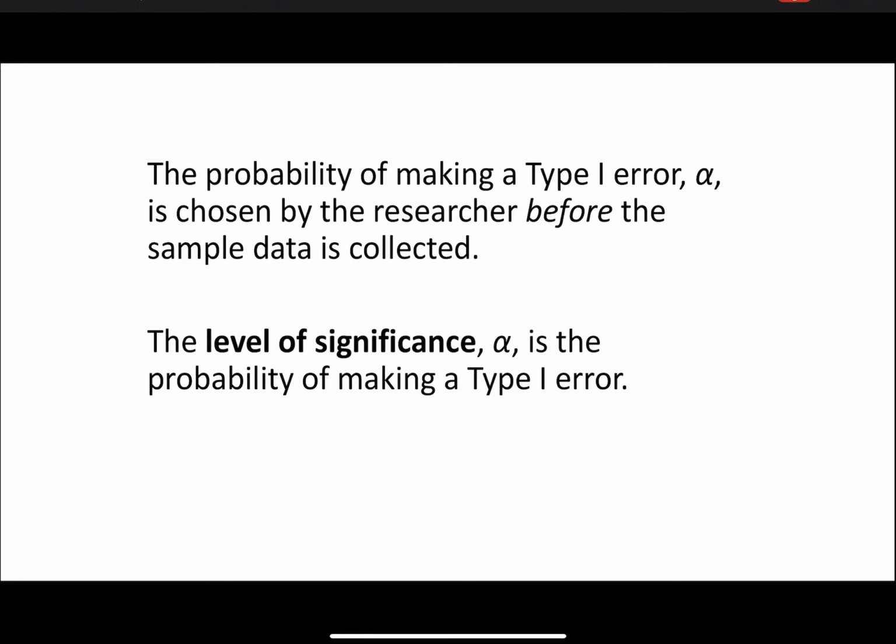So let's move on. The probability of making a type 1 error, alpha, is chosen by the researcher before the sample data is collected. The level of significance alpha is the probability of making a type 1 error. So this is basically our confidence level. Remember when we were saying I'm 95% confident that such and such is true?